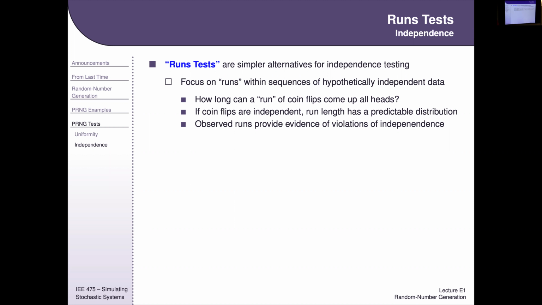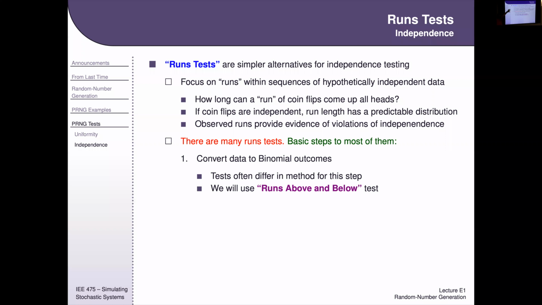Like say, if you're flipping a coin, how often would I get heads over and over and over again, like a run of heads, if I assumed every coin flip was independent of every other coin flip? I can use that to generate a distribution of runs. And if my actual distribution of runs differs from that distribution, then I conclude that my whole data set is not independent. And that's what we're motivating here.